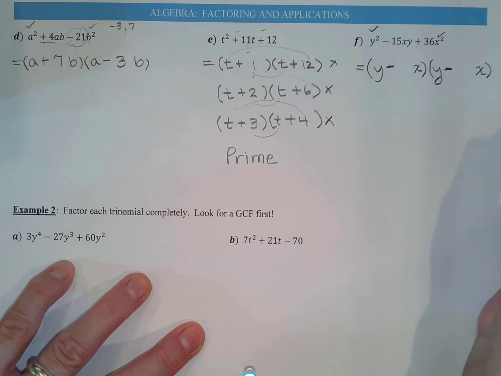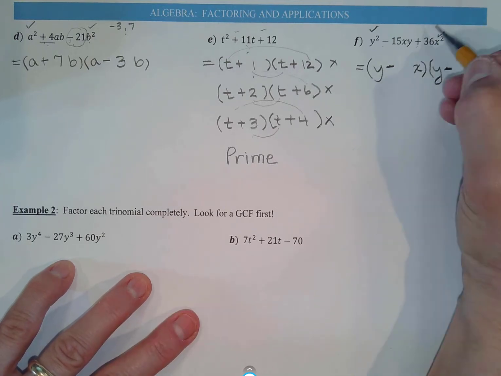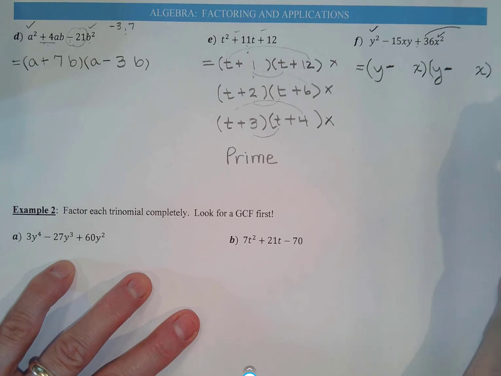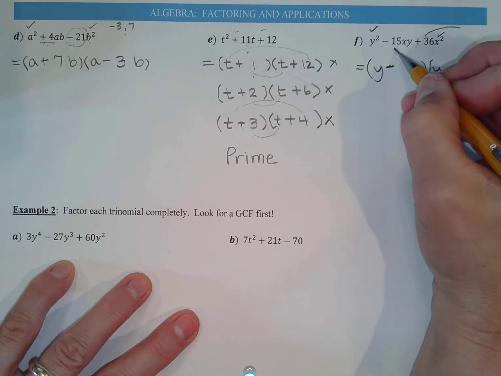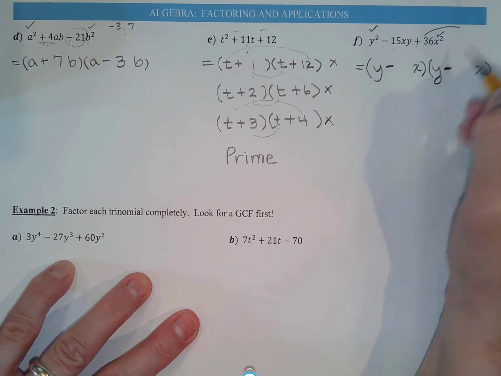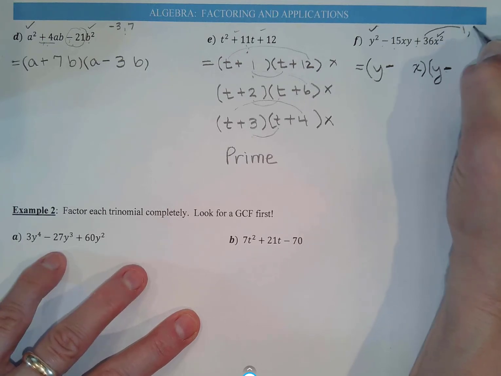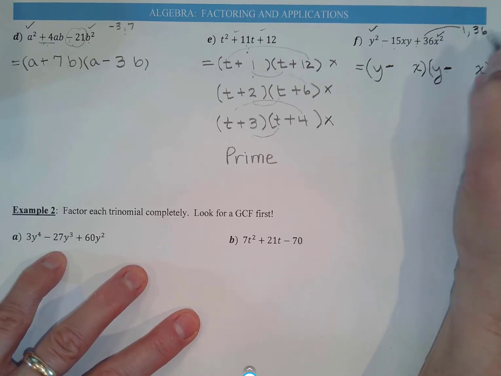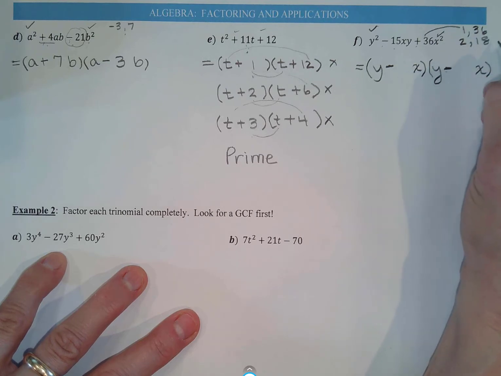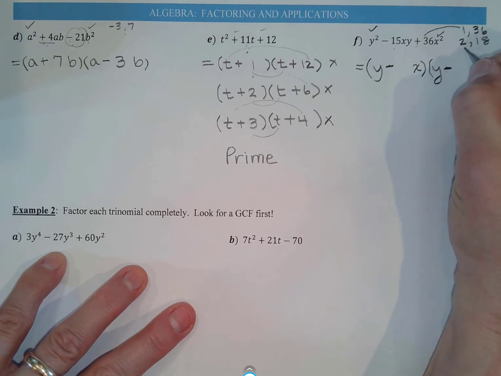Now our question is, what are factors of 36 that sum to negative 15? And they're going to be the same sign, aren't they? 1 and 36, no. 2 and 18, no. 3 and 12, yes.